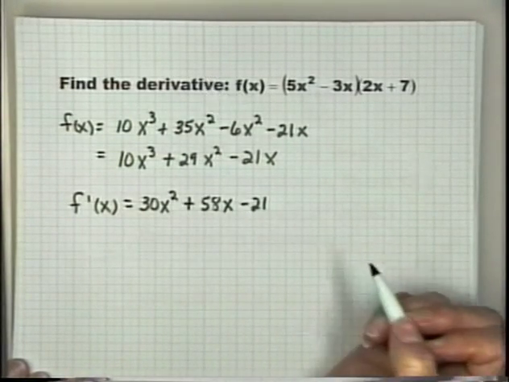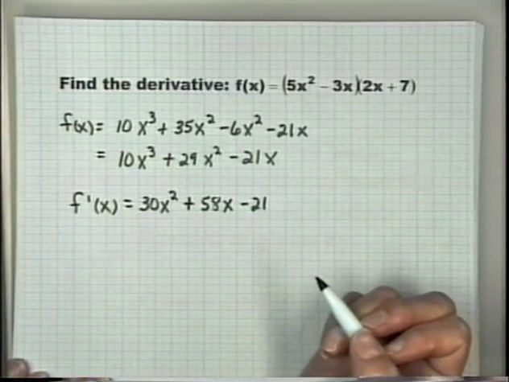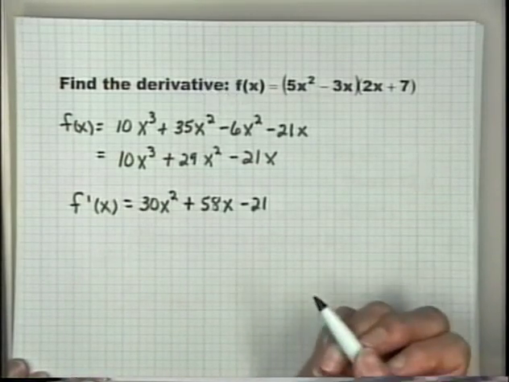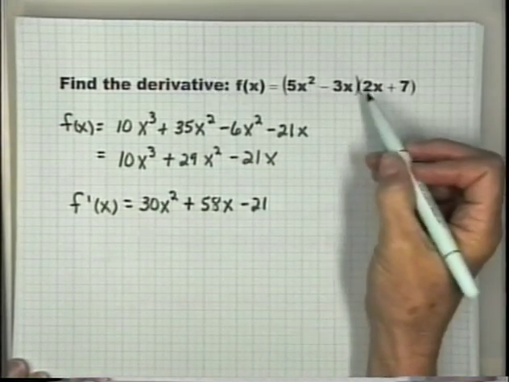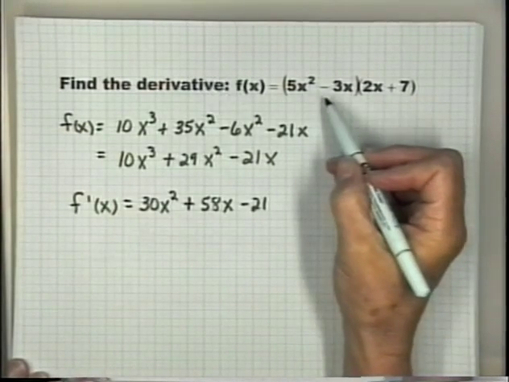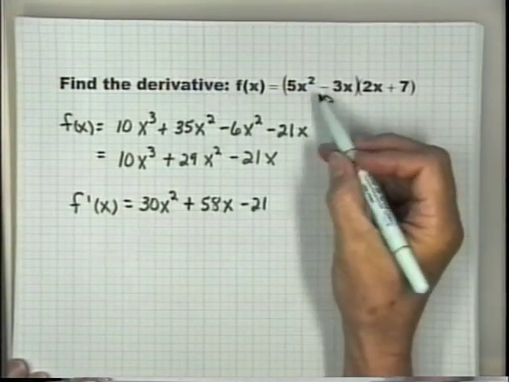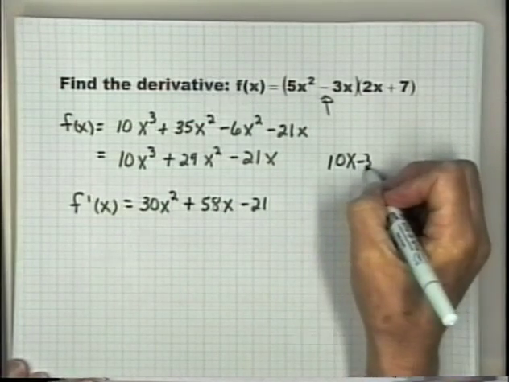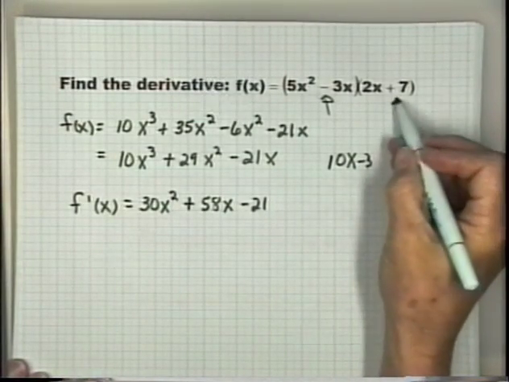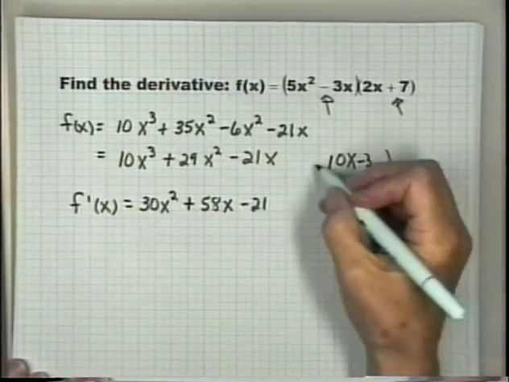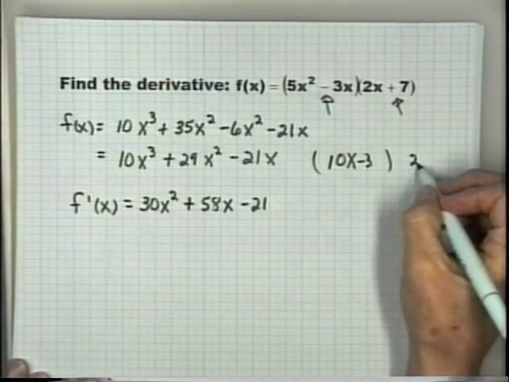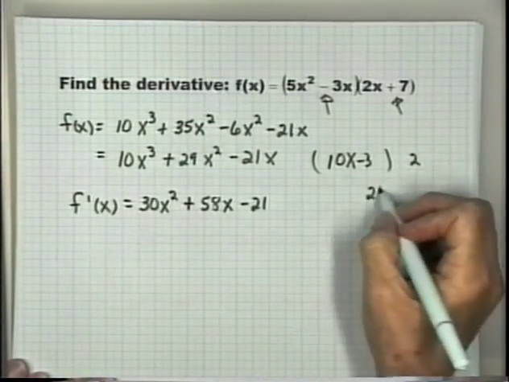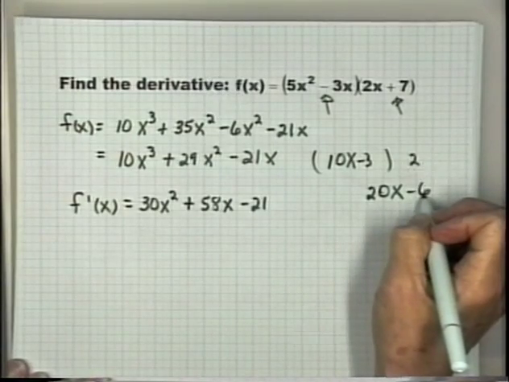What I want to show you is something that you cannot do, but that students always want to do when they have a function written in this form. Notice that the derivative of this first function right here is 10x minus 3, and the derivative of the second function is 2. Notice if I multiply those, I have 20x minus 6.